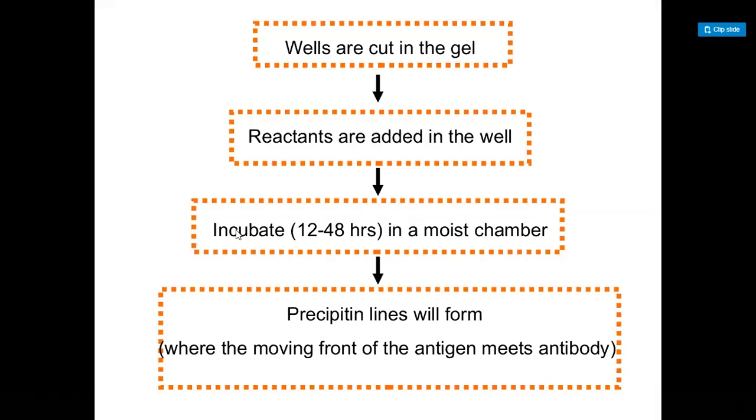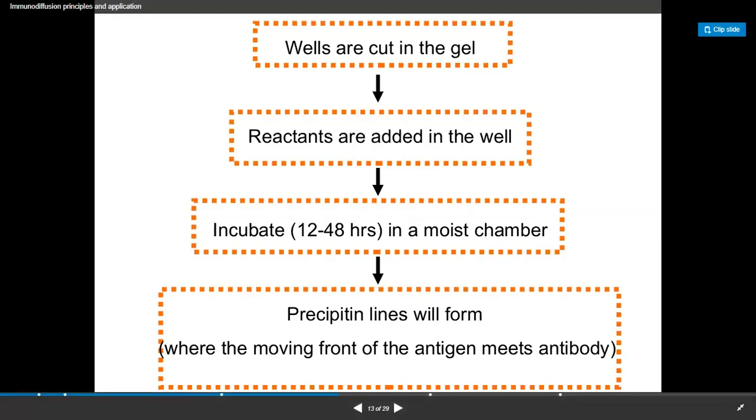After this, the precipitin line will form, which indicates that the antigen and antibody are specific to each other, and that antigen and antibody interaction has occurred.